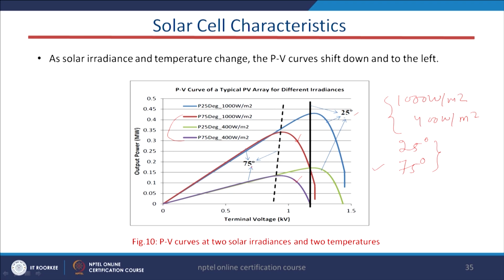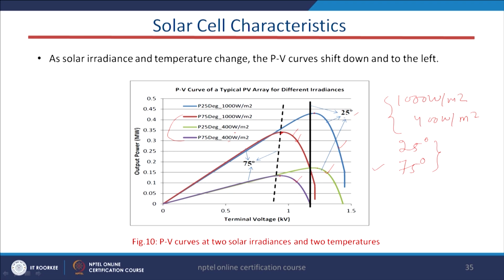So here the temperature is 75 degrees, that is why the peak power is basically reduced in comparison to the green and blue ones, where the power is higher than these two. It is obvious. And as far as the irradiance is concerned, 1000 watt is the red one, and the purple one is 400 watt.